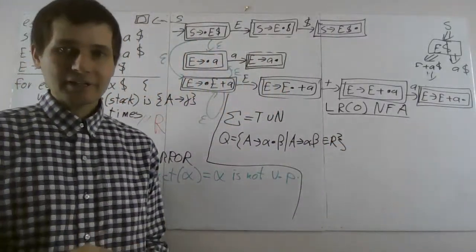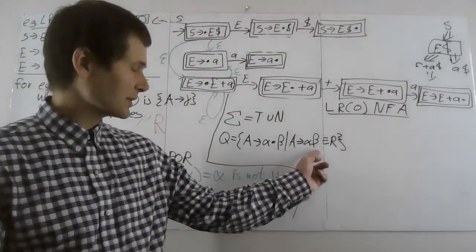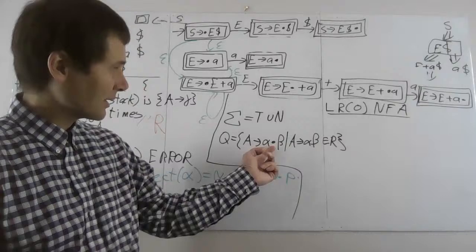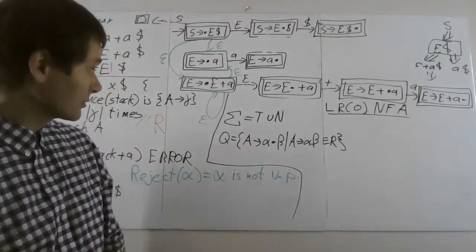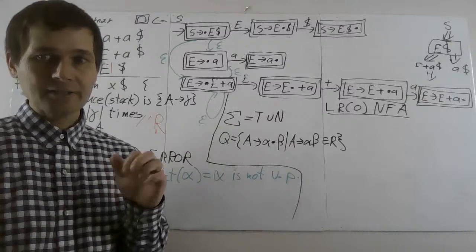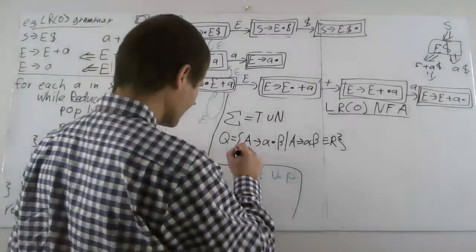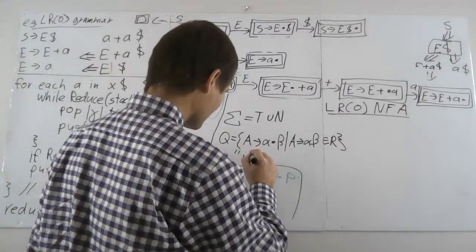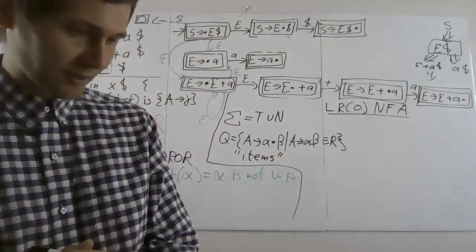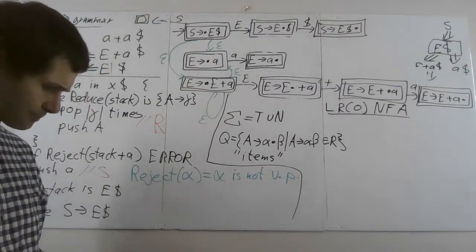Okay, so for every rule in my grammar, I can split the right-hand side up into two halves, alpha and beta, and I put a dot in between the two halves, and these are the states of my NFA. These are also called the LR0 items. So you'll see them called items, the LR0 items of a grammar. Okay, but they're the states of my NFA.